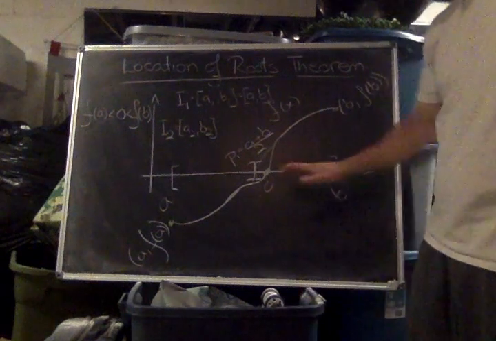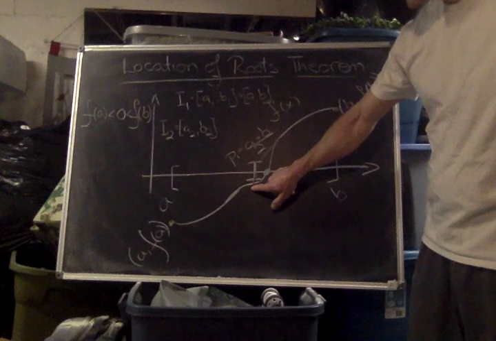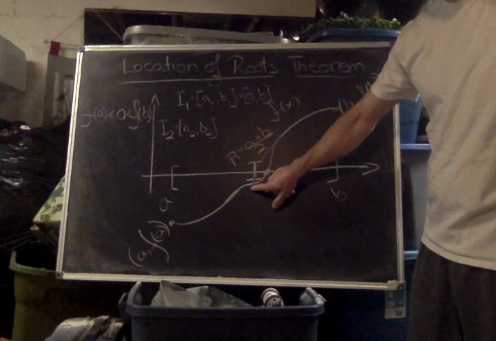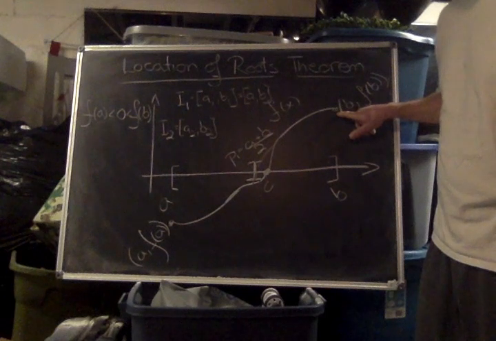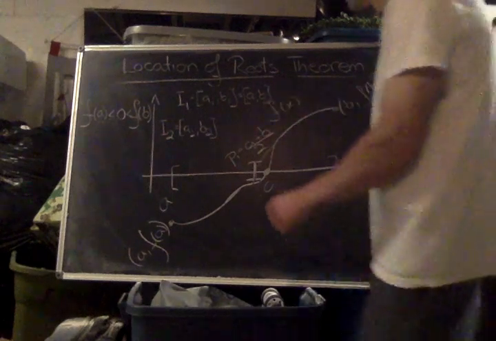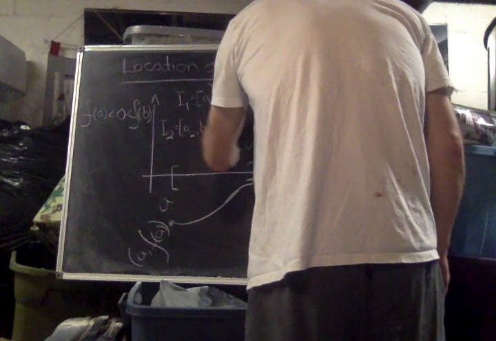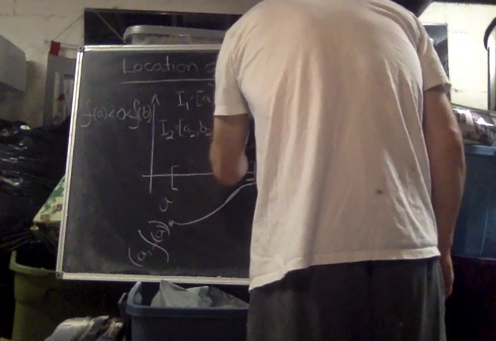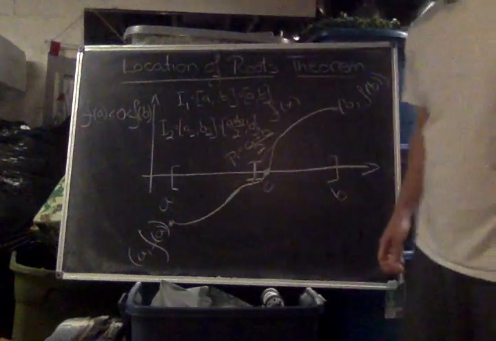However, if you look at the other half here, then the value of the function at this endpoint is, of course, less than 0, and the value of the function at the other endpoint is greater than 0, okay? That's the interval we're going to pick for our A2, B2. So in this case, it's going to be A plus B over 2, comma, B. Okay?